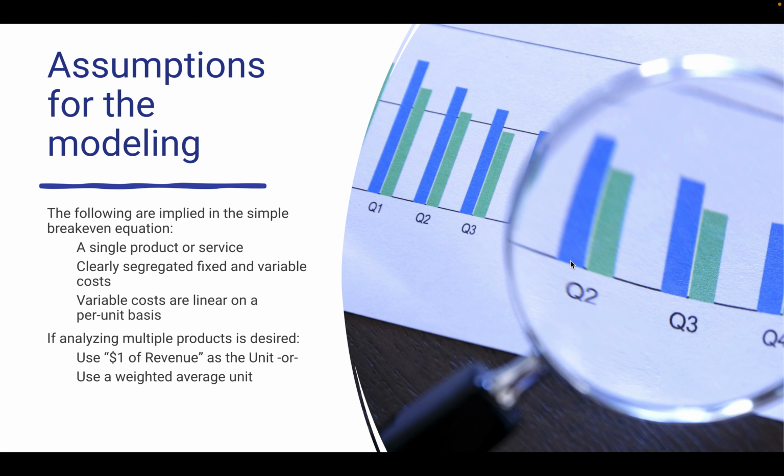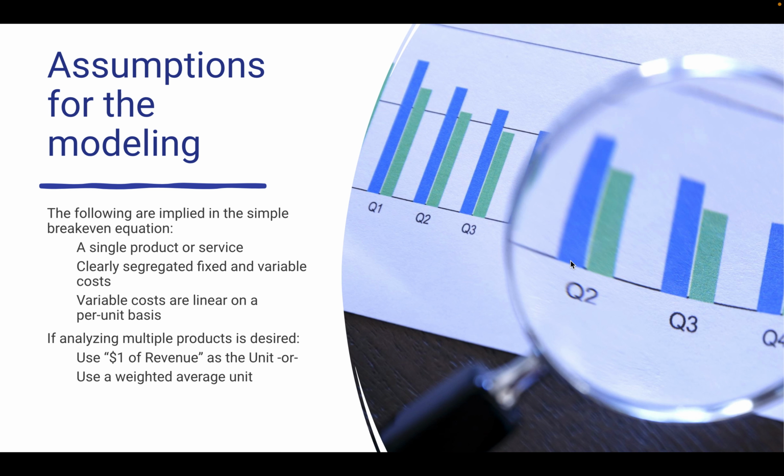Assumptions for the model. Following assumptions we have to apply. Models always apply assumptions, which means they reduce reality. So we reduce reality to a simple model by taking a lot of different variables that would be in reality out of the picture and only focusing on very few variables. So here we're looking at one product or service, not at multiple ones at the same time.